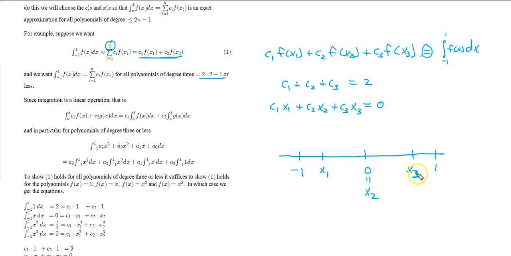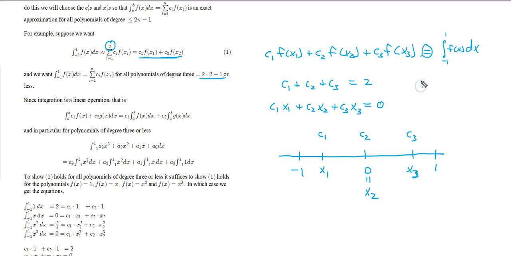So x1 is negative x3, x2 is going to be 0, and then our c's are going to have a certain amount of symmetry to them also. The c1 and c3 are going to equal each other. The c2 is going to be something different, however. And so making assumptions like that, you'll be able to solve those 6 equations for c1, c2, c3, x1, x2, and x3.